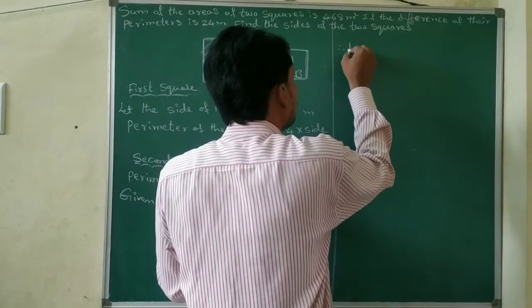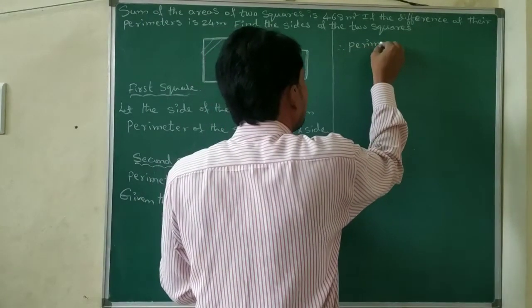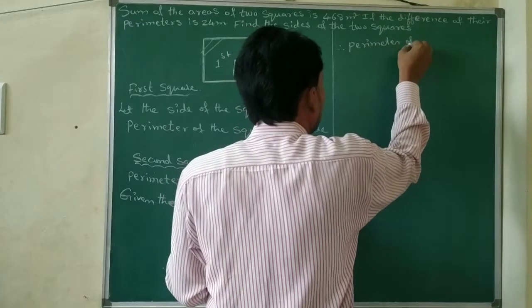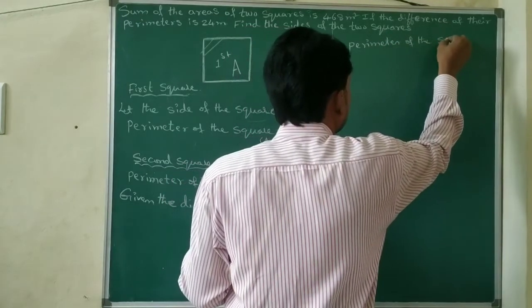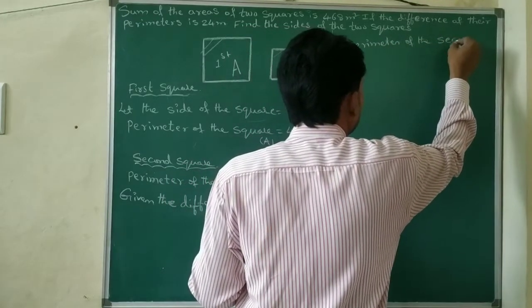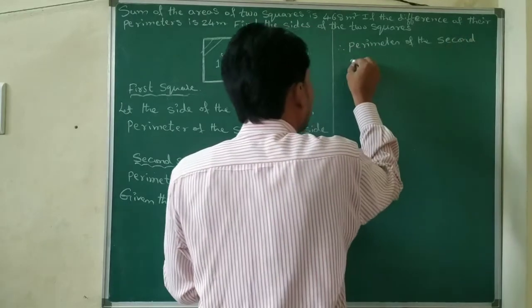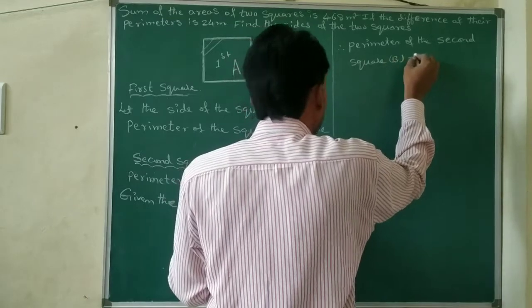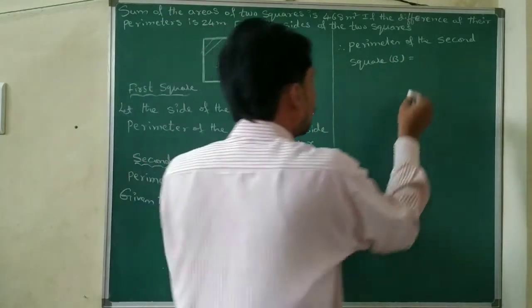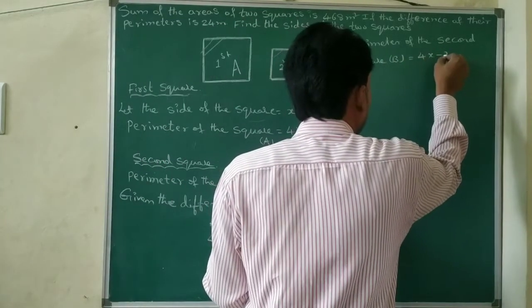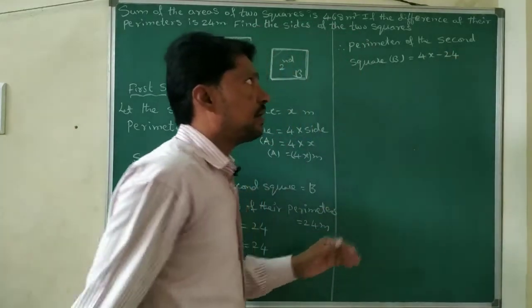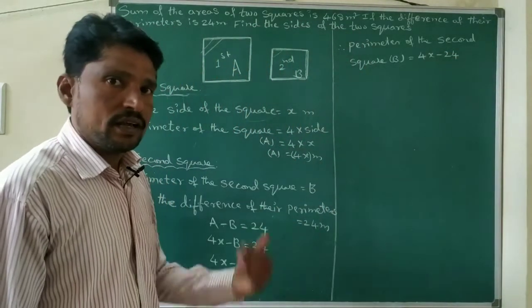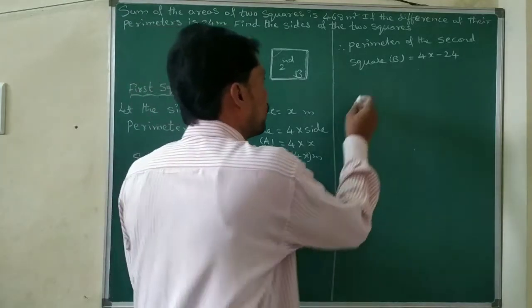Therefore, the perimeter of the second square B equals 4x minus 24. What is the perimeter of the square? That is 4 into side.